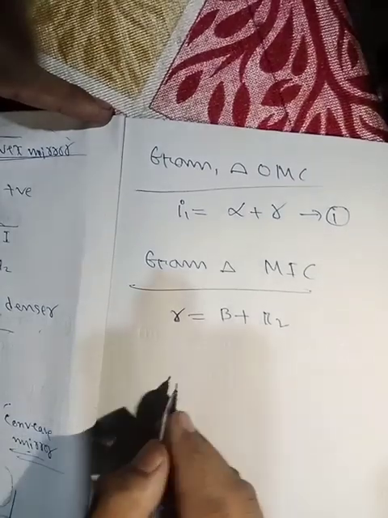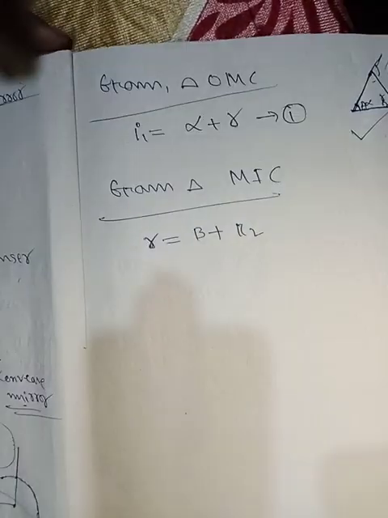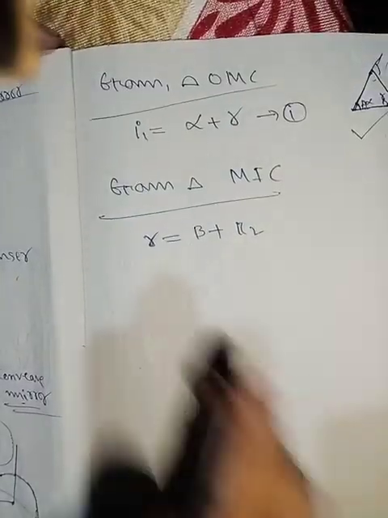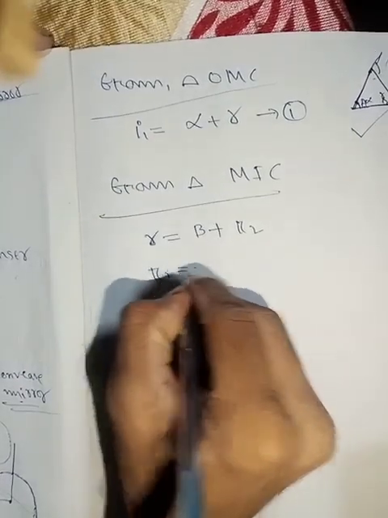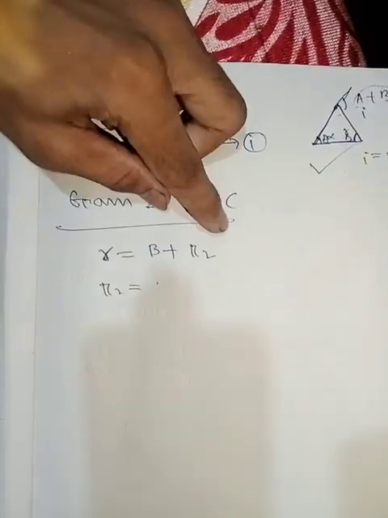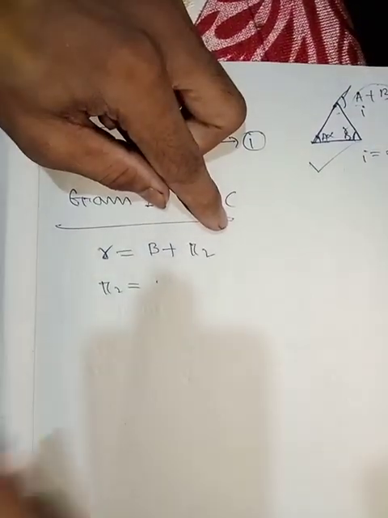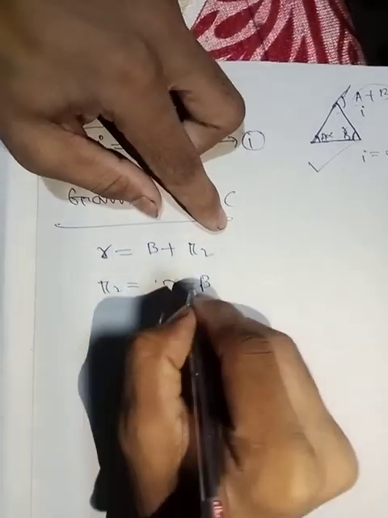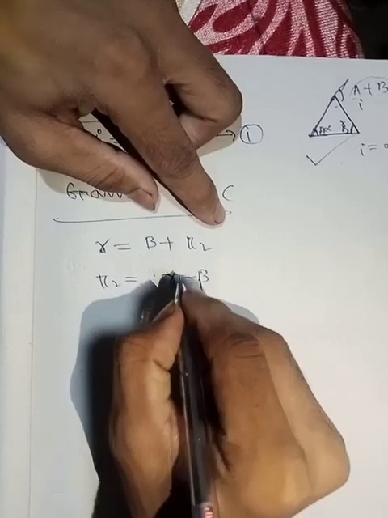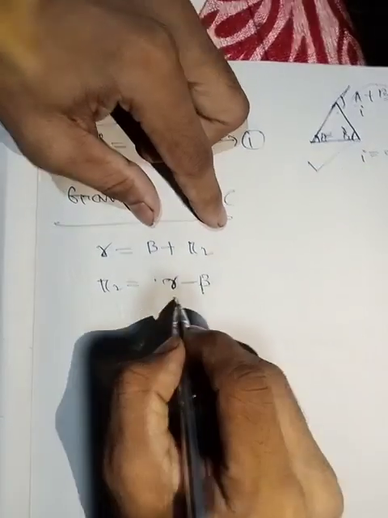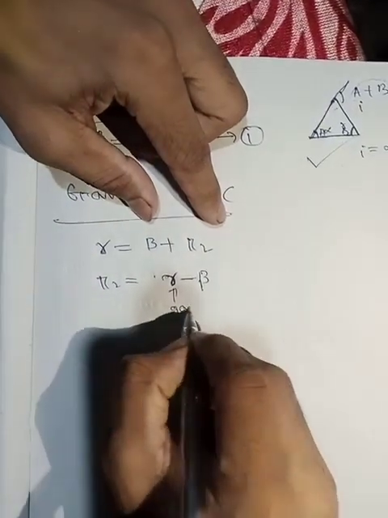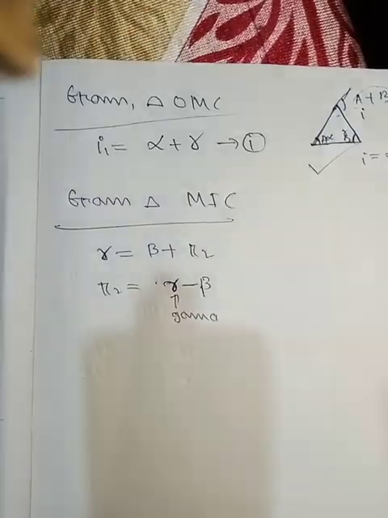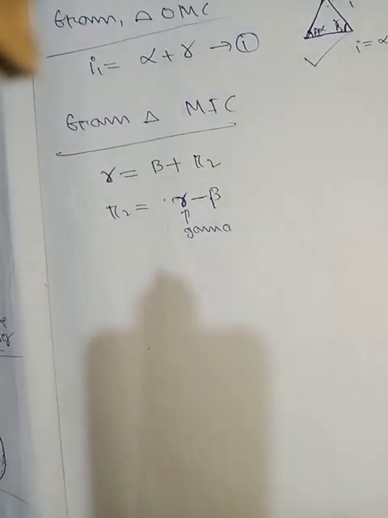The sum of the two angles of the triangle is equal to the external angle of the third. So from this you can find R2, I'm sorry, this is gamma, don't be confused, R2 equals gamma minus beta.